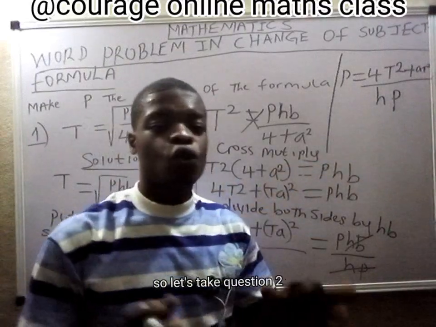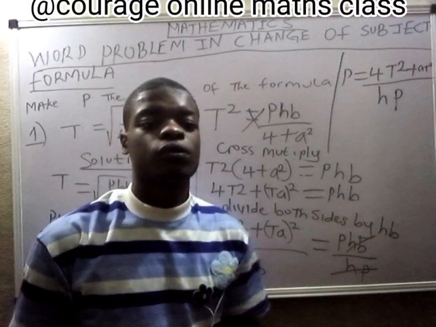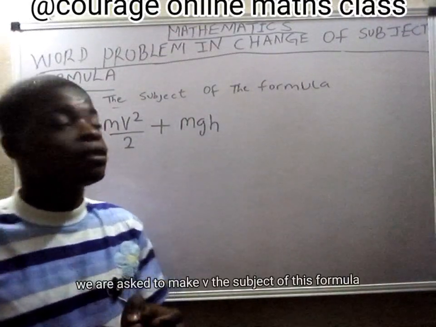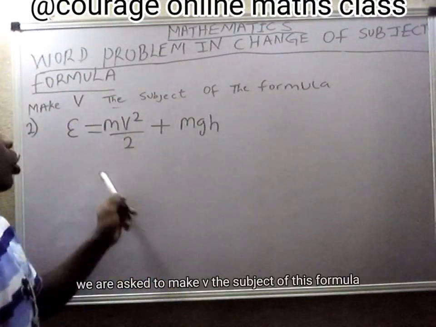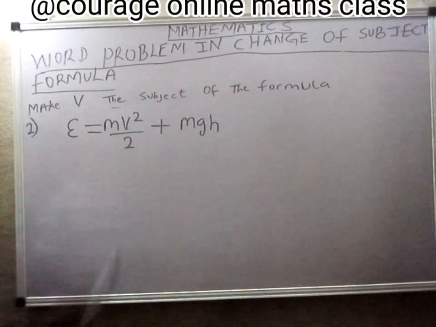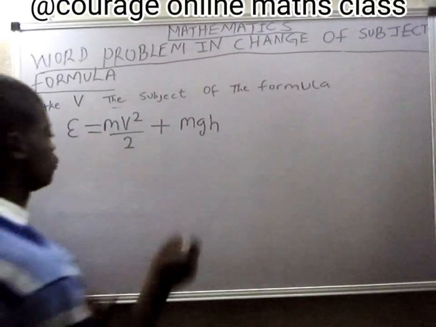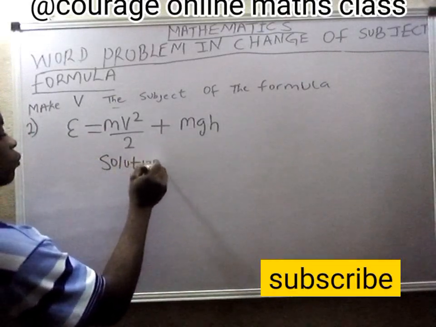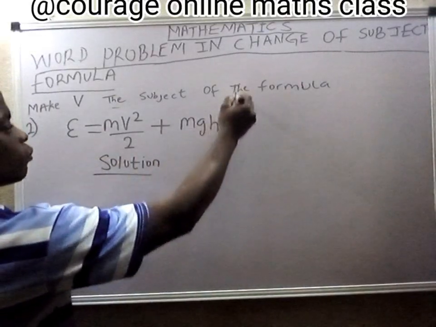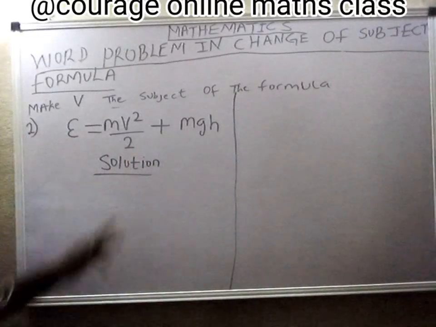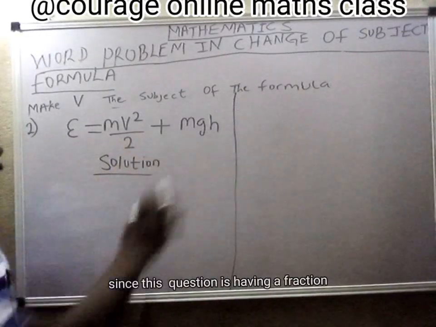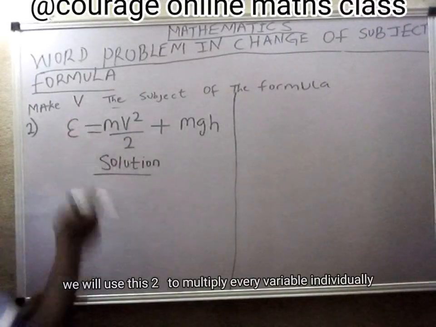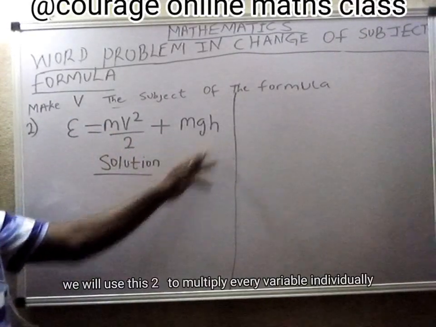So let's take question 2. This is question 2. We are asked to make V the subject of this formula. So solution. The next step we take, since this question is having a fraction, we use this to multiply every variable individually.